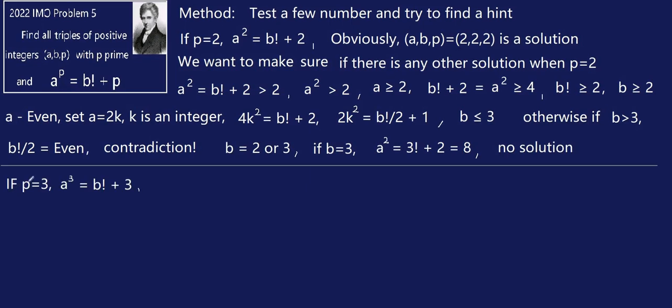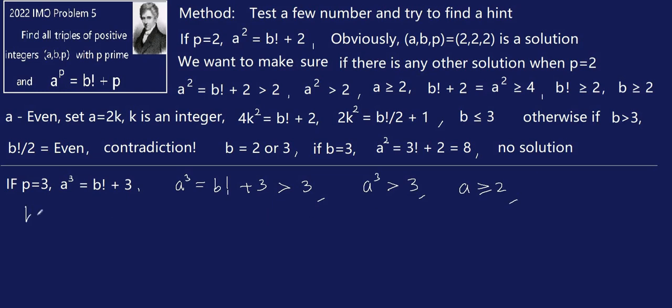One more example. If p is 3, we have a cubed equal to b factorial plus 3. 3 is a prime. Then a cubed equals b factorial plus 3, which is greater than 3. So a cubed is greater than 3, so a must be greater than 1, that is, greater than or equal to 2.